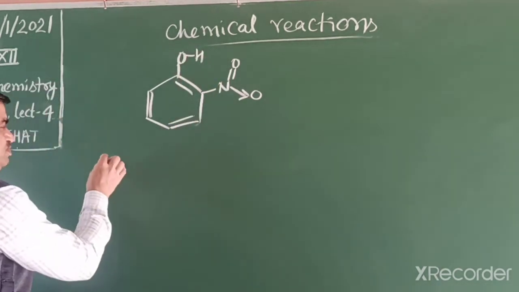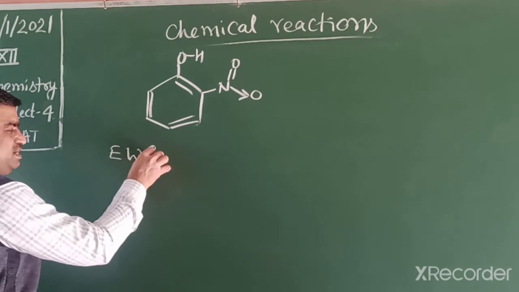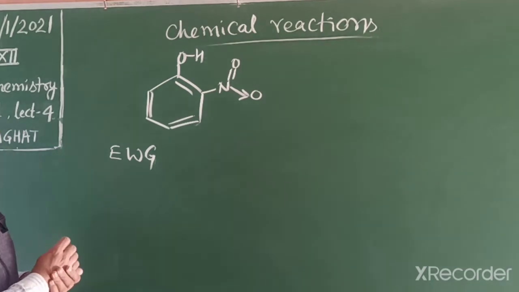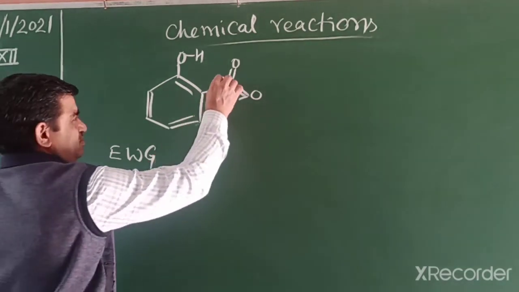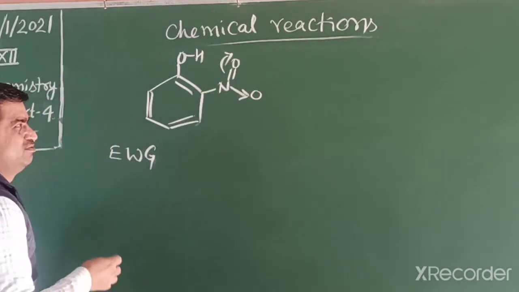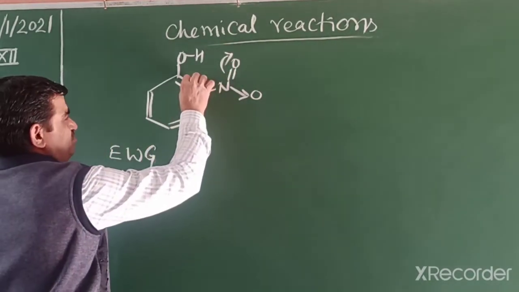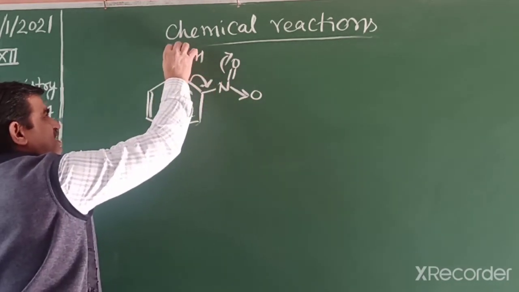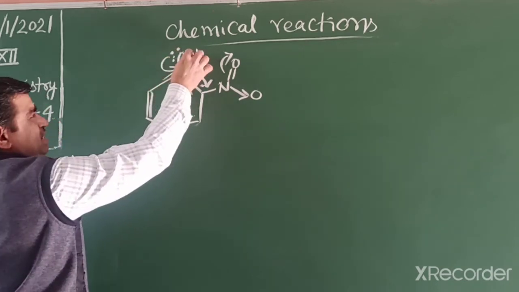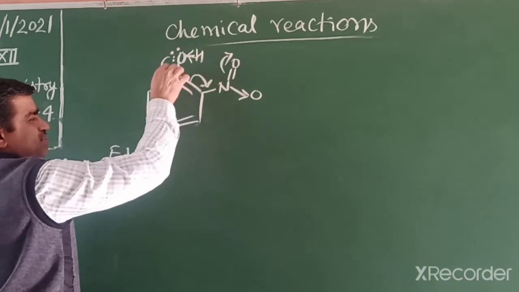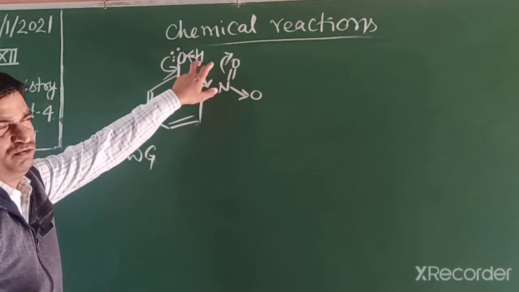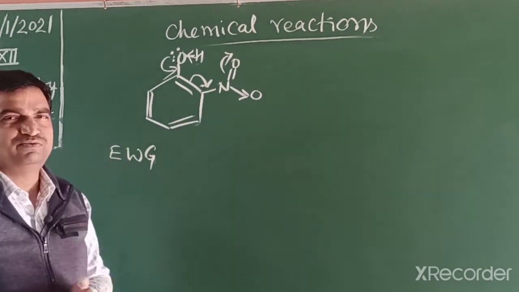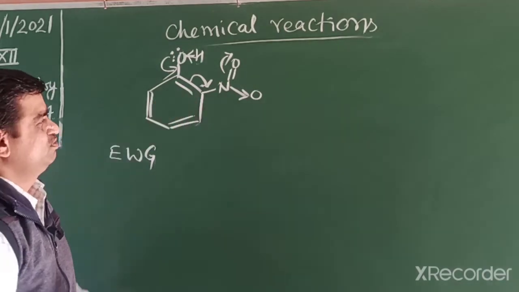If any electron withdrawing group EWG is attached to the benzene ring, what happens? Acidity increases. Why? The electron withdrawing group removes electrons from the benzene ring. So electrons move towards nitrogen. So this lone pair easily comes into the ring, and this oxygen-hydrogen bond easily dissociates. The reason is this electron withdrawing group. The more the withdrawing groups, the more the acidity.